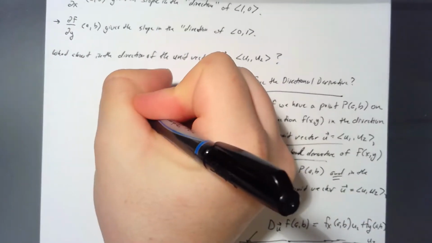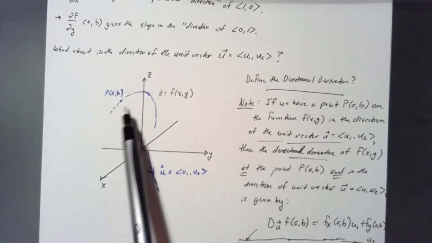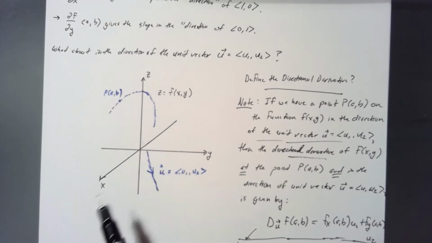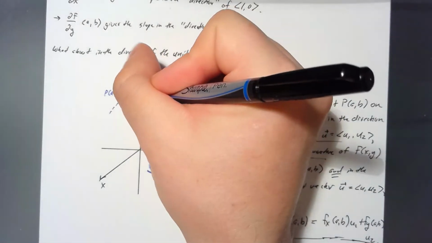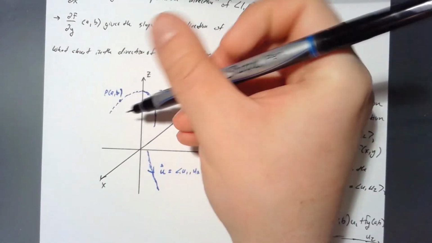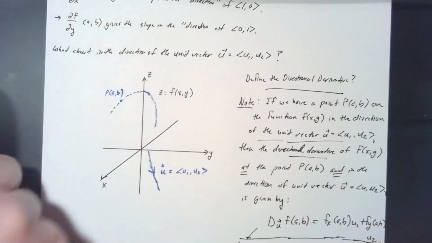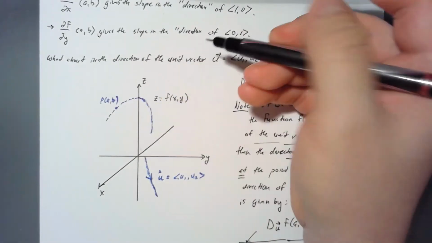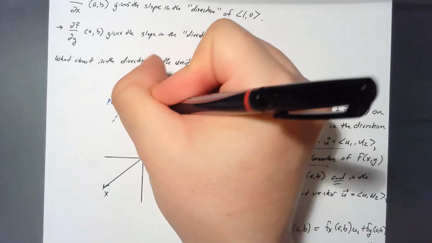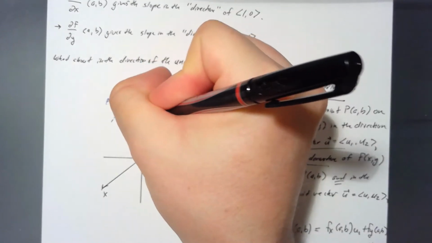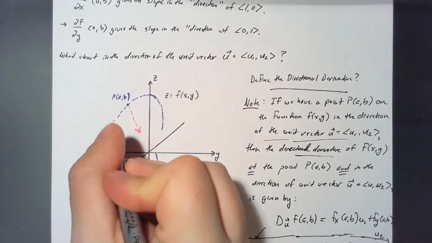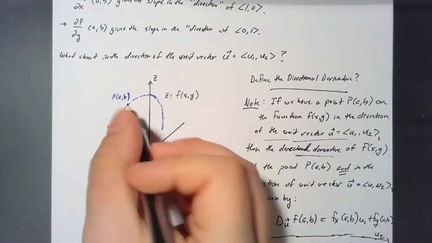Then if I want to find the directional derivative of this function at this point in this direction, whatever that rate of change is, it's going to be pointing in this direction, right? Its rate of change will just be the slope in that particular direction. So that right there will be the directional derivative at this point.